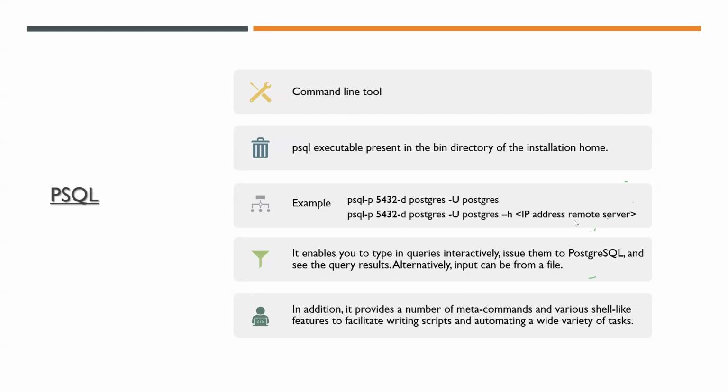Whatever order it may be, no worries, but make sure that the required information you pass when you are trying to connect using the PSQL command line utility. Everyone clear?